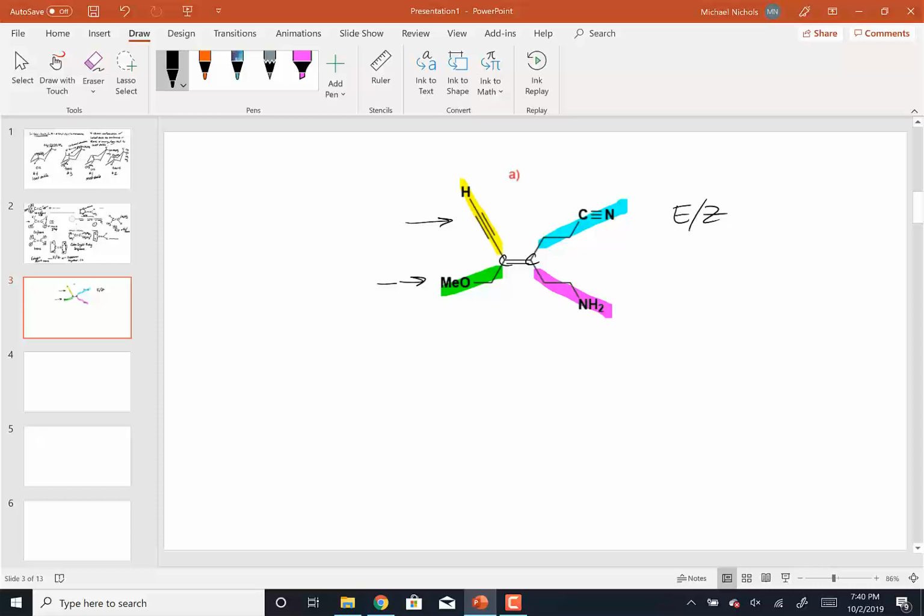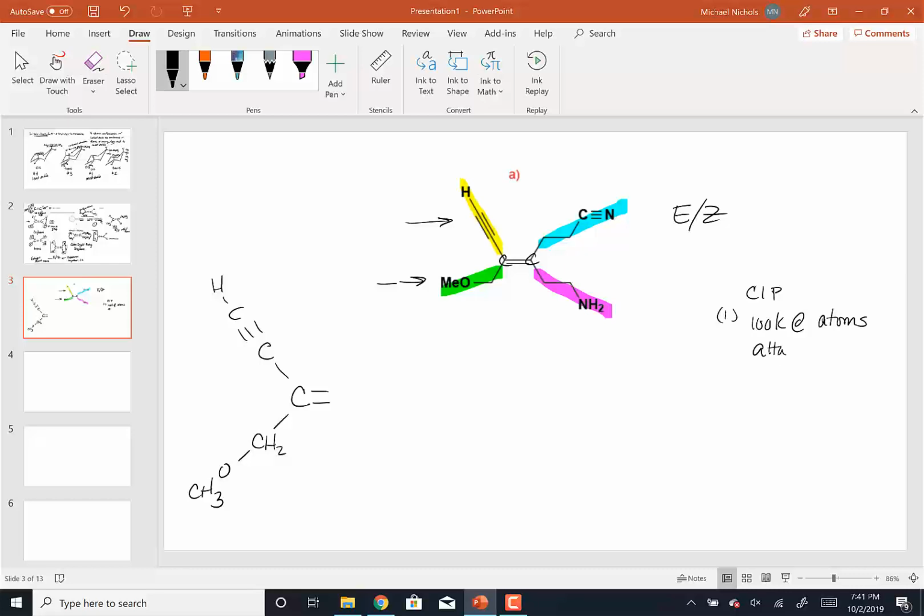I'm going to write that down here and isolate it so it's clear what I'm doing, and I'm going to go through the Cahn-Ingold-Prelog sequence rules to show you how we would use them.